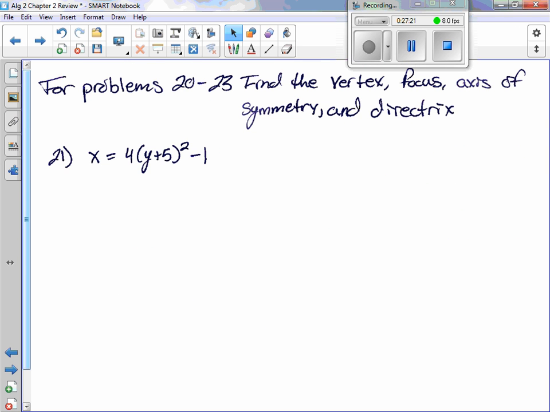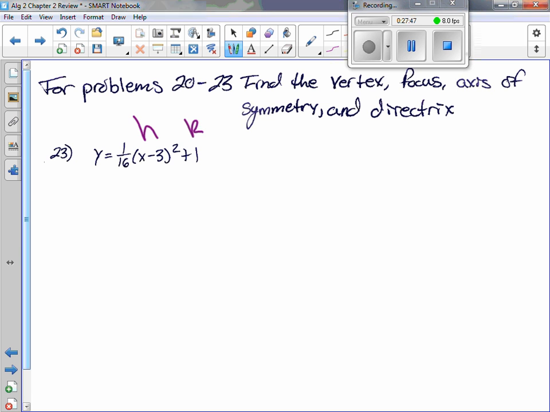Do we want to look at another type of this here? Yes? Do we want to look at 21 or 23? So again, when we line these up, since I have y equals, the h value is inside, the k value is outside.